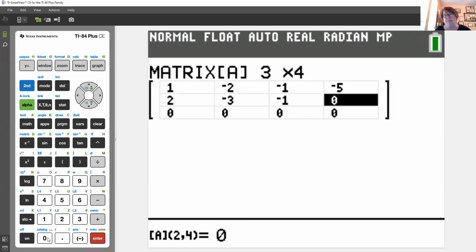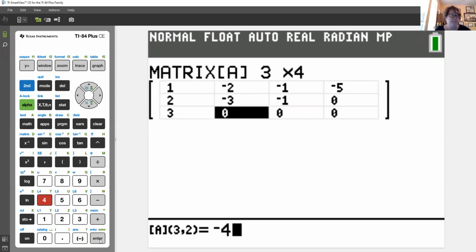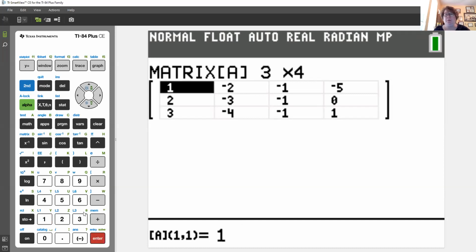And I do have to type in the 0. And then what do we have? 3, -4, -1, and 1. And I'm going to do a quick check to make sure that I've inputted my matrix correctly. 1, -2, -1, -5, 2, -3, -1, 0, 3, -4, -1, 1.